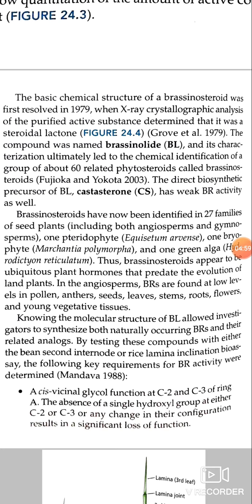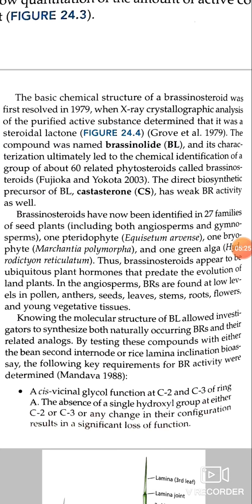Thus, brassinosteroids appear to be ubiquitous plant hormones that predate the evolution of land plants. In the angiosperms, brassinosteroids are found at low levels in pollens, anthers, seeds, leaves, stems, roots, flowers, and young vegetative tissues.